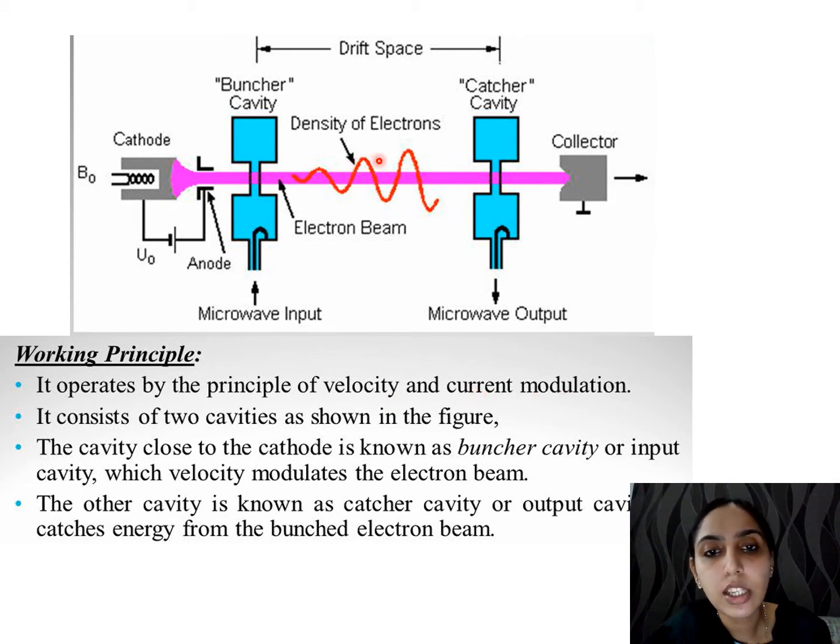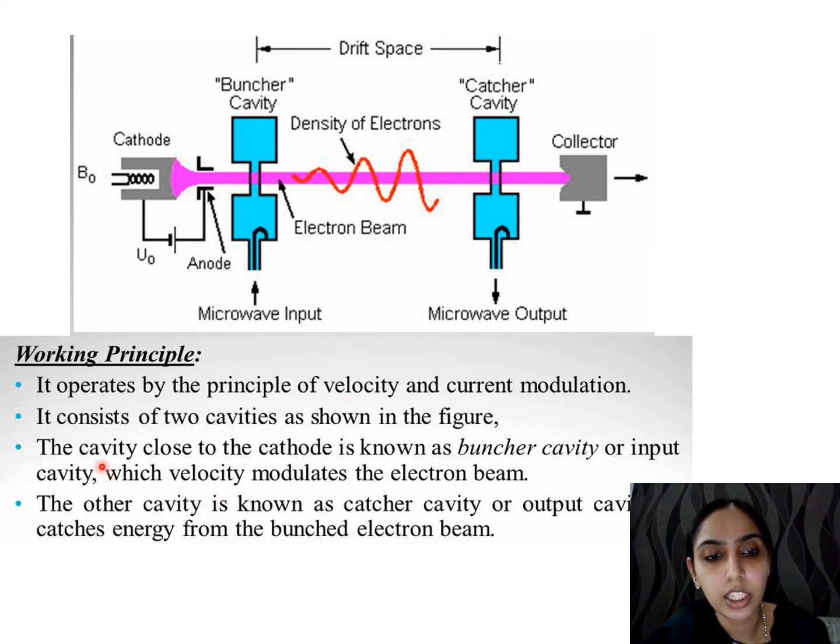Now the density of electrons arriving at the catcher cavity is also going to vary cyclically with time. The electrons coming into the catcher cavity, during the retarding phase, have to supply their energy; then only can it be collected, and we can say that we are getting an amplified output. So there are two cavities here.